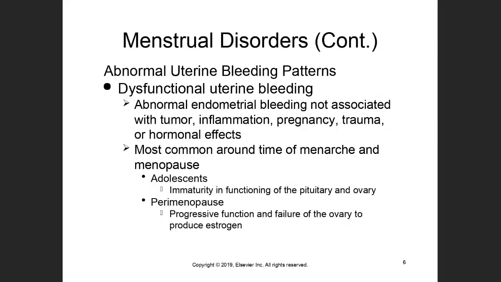The most common cause is an immature pituitary ovarian axis. Then you put the patient on OCP, and most of the time the patient improves. Perimenopause is progressive loss of function and failure of the ovary to produce estrogens.